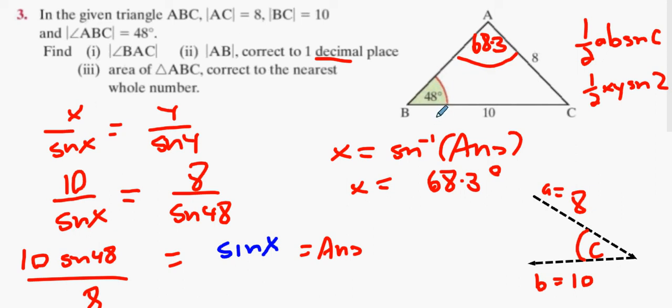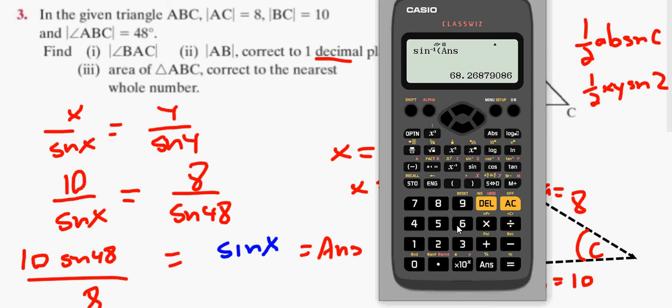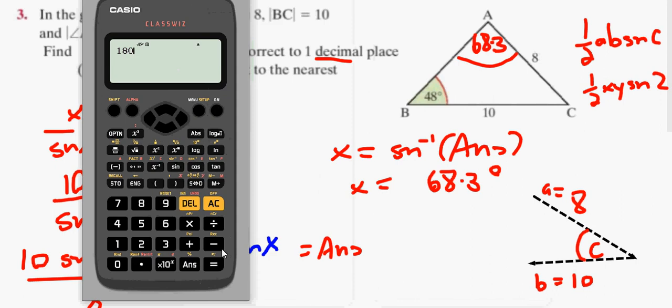Oh, I skipped that part. I'll do AB on the next one, lads. So we can do 180 minus 68.3 minus 48, and you get 63.7.